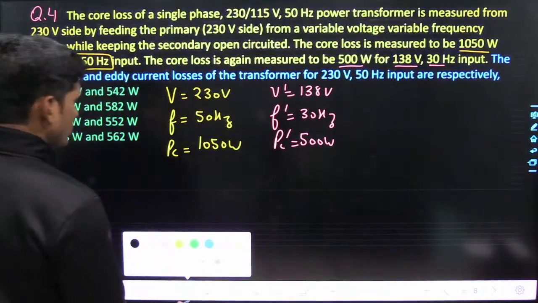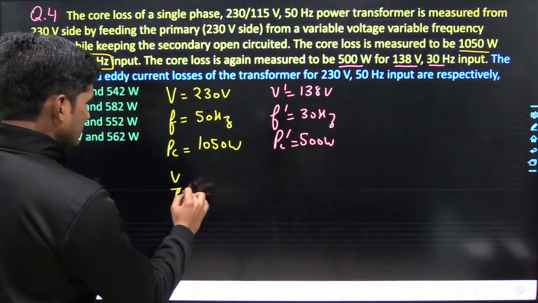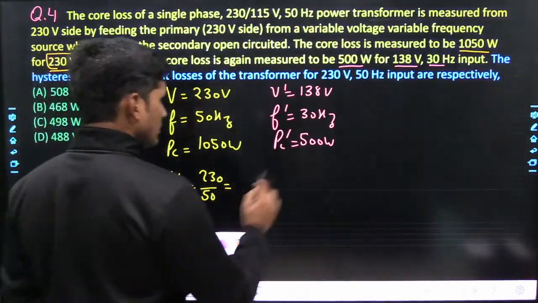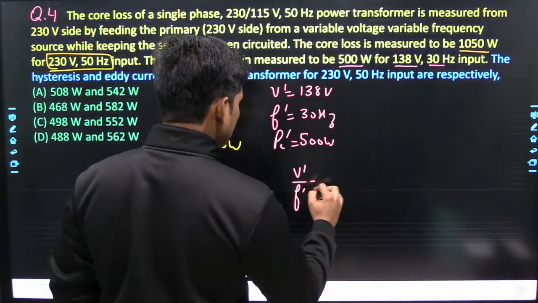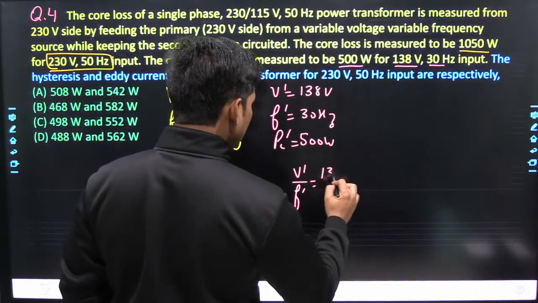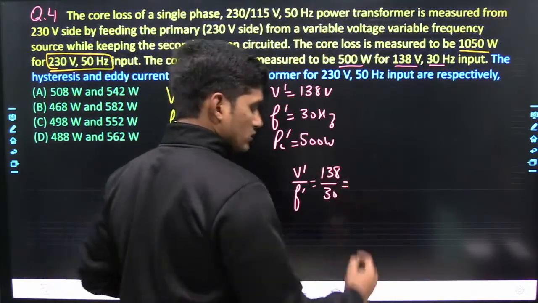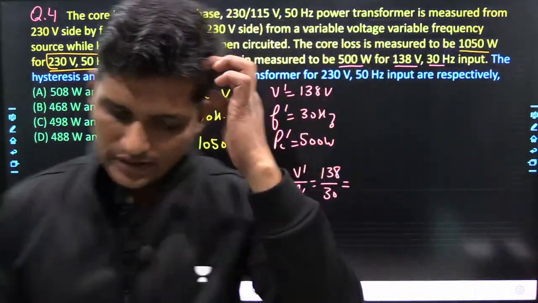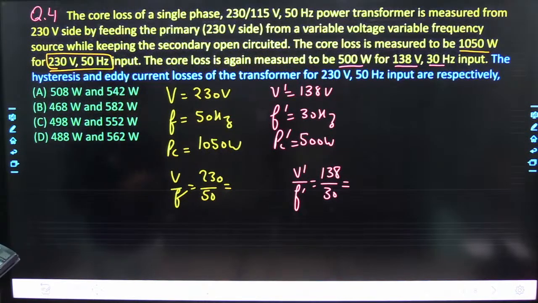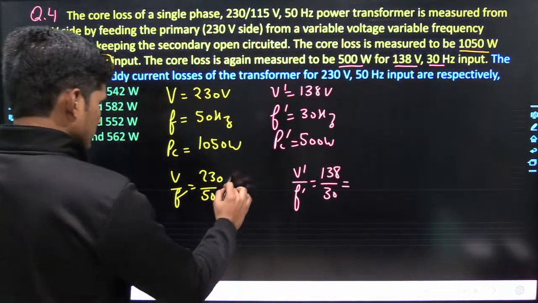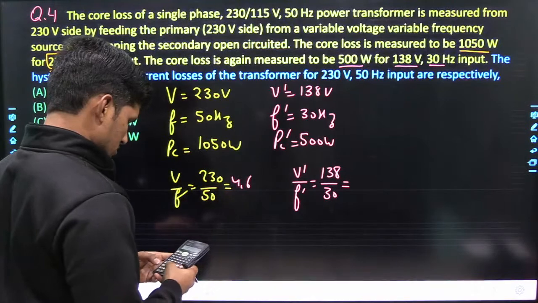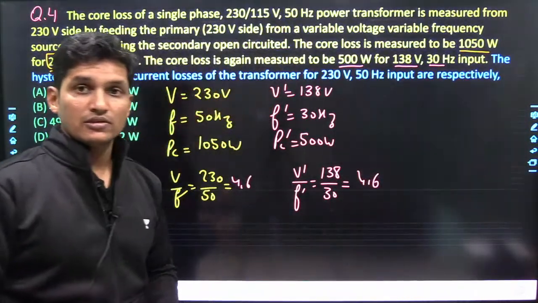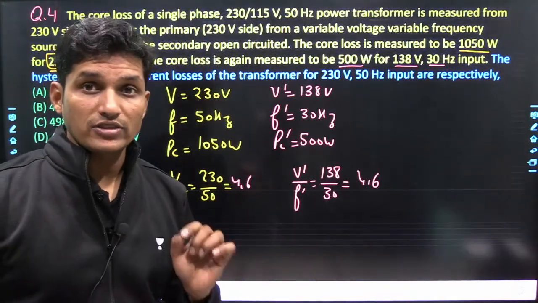Here V by F is 230 upon 50, and V dash by F dash is 138 by 30. 230 divided by 50 is 4.6, and 138 by 30 is also 4.6. That means the ratio of V by F is constant.